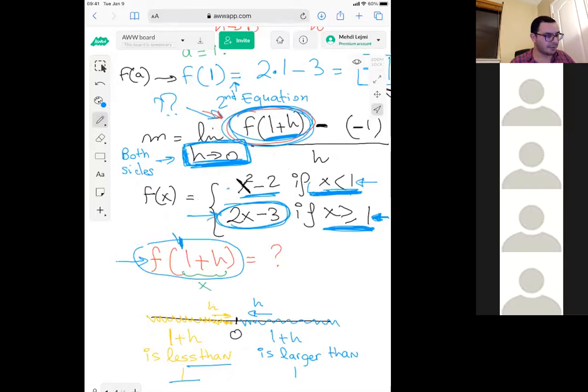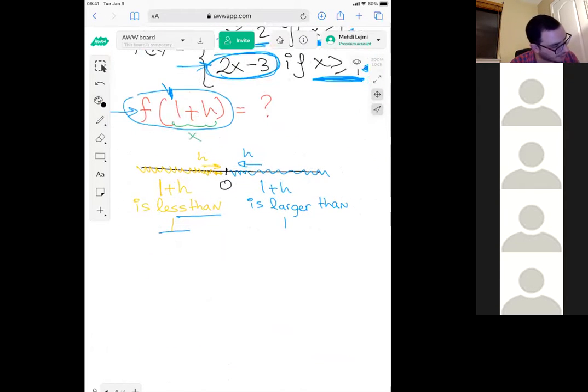But here, this is x equal to 1. And at x equal to 1, I have 2 different equations, one from the left and one from the right. You know what I'm saying? So what I'm saying is, you have your graph. Here's your graph, all right?